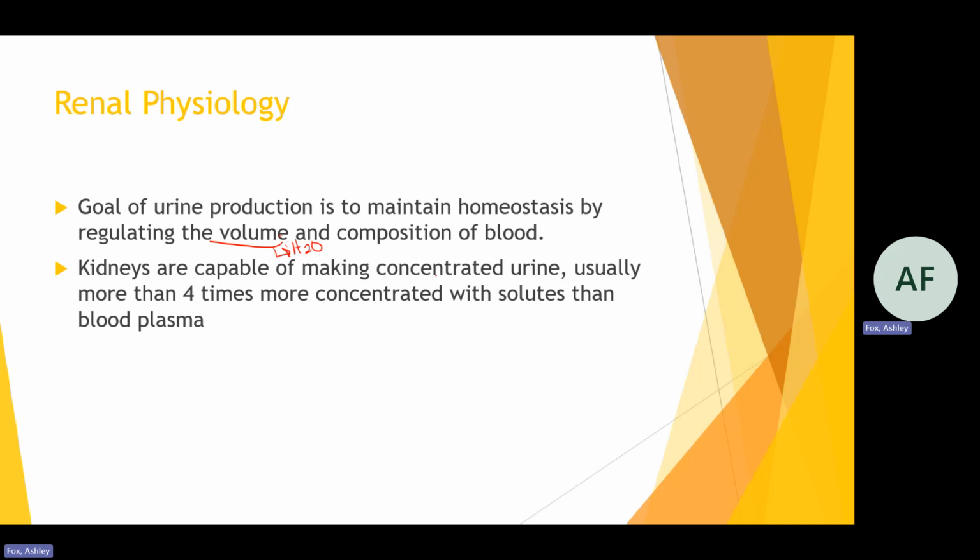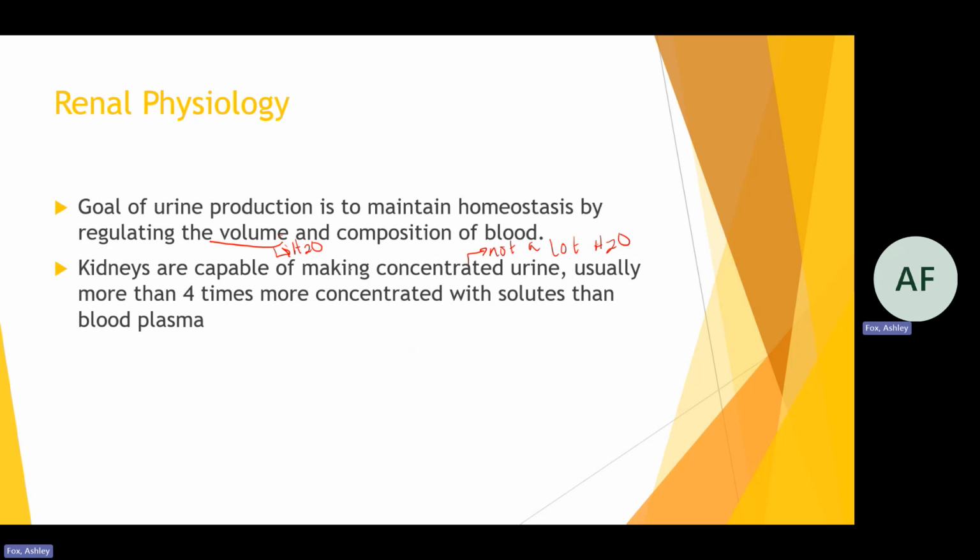Kidneys, depending, can make very concentrated urine, meaning there's not a lot of water, and it's all the other stuff, all the solutes. It can be 4 times more concentrated than blood plasma. So we can really take the water out and make sure that it's just the solutes and we're not losing water. Again, this depends on what's going on in your body.